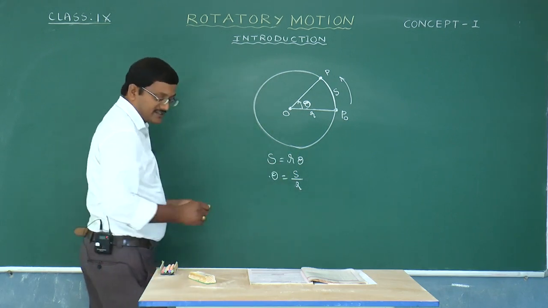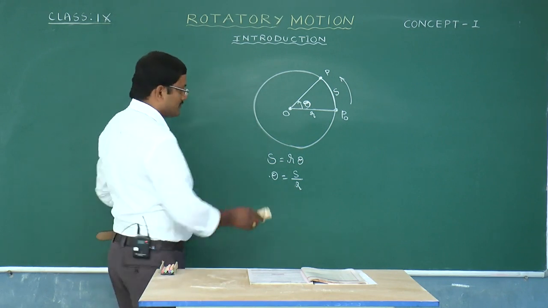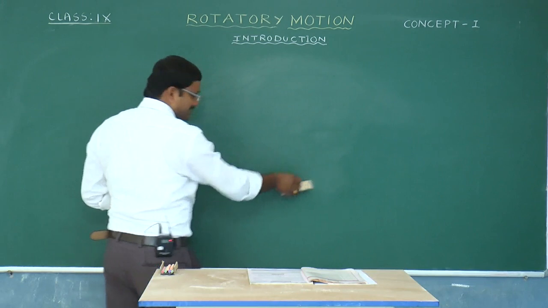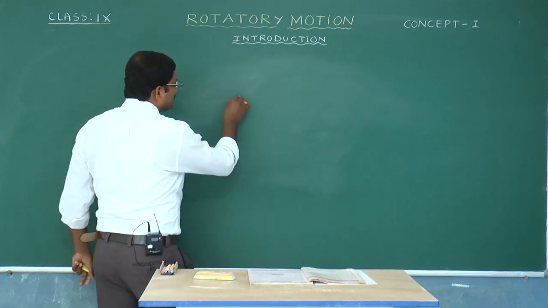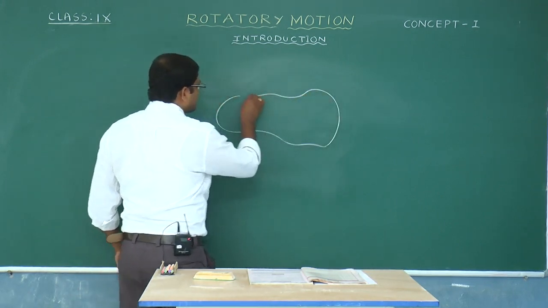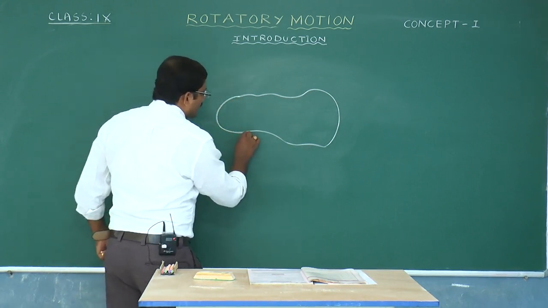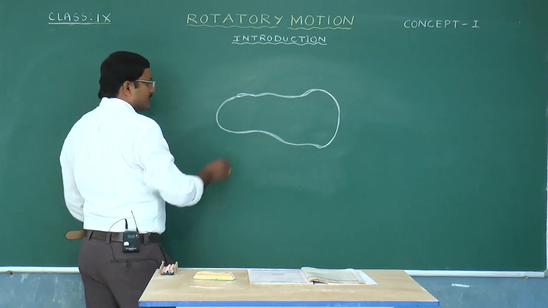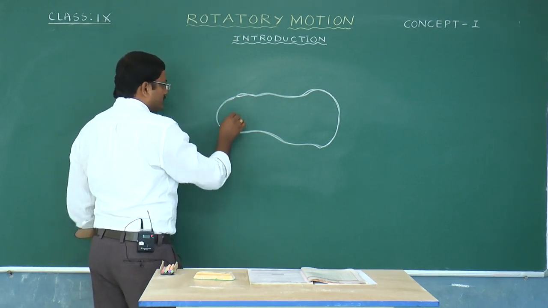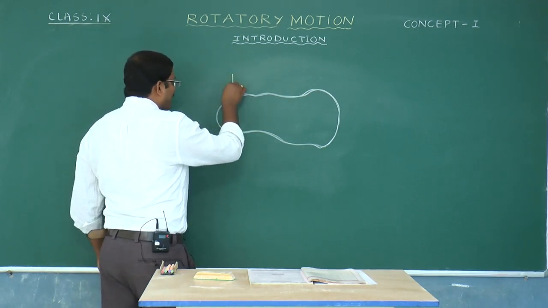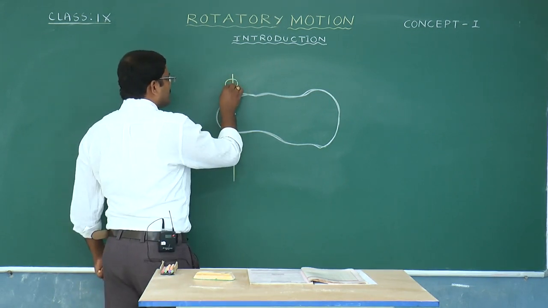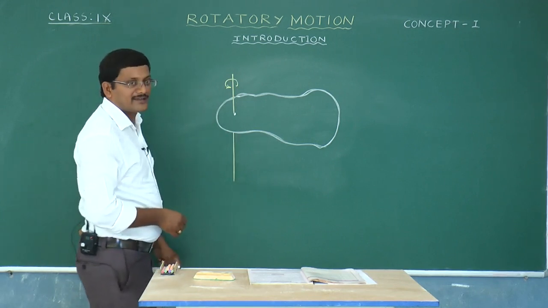So let us discuss the same concept in rotatory motion. For example, let us consider a rigid plate like this. I am going to rotate this rigid body with the help of this fixed point, which means this is my axis of rotation. I am going to rotate this object about this axis.